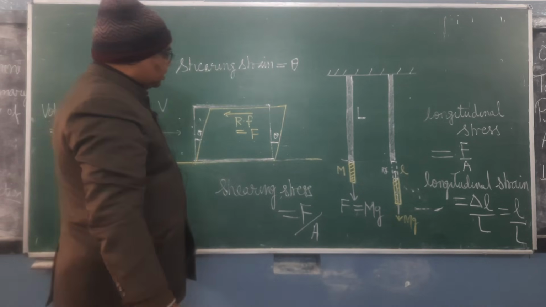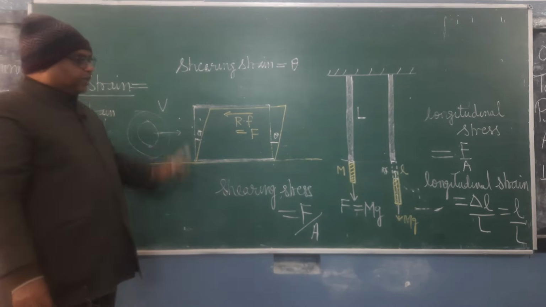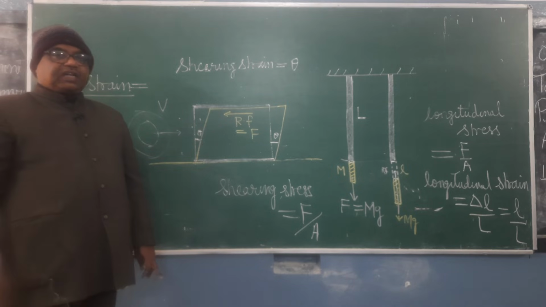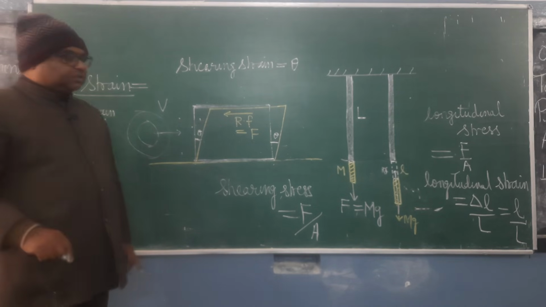Now you can write it in another way also. Since theta is a very small angle, theta will be equivalent to tan theta. And what is tan theta? Perpendicular upon base.